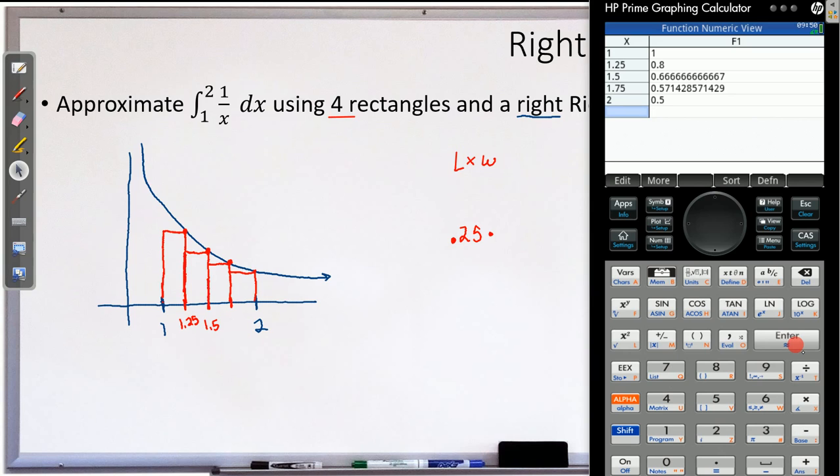So those are my values, and I'm going to put them in a table so I have them outside the calculator. So my x's are on top here: 1, 1.25, 1.5, 1.75, and 2.